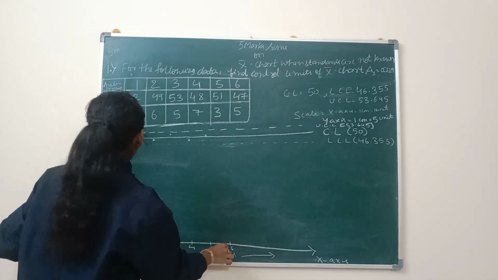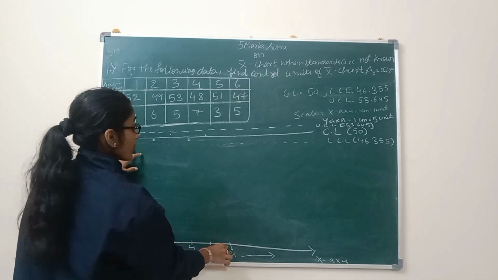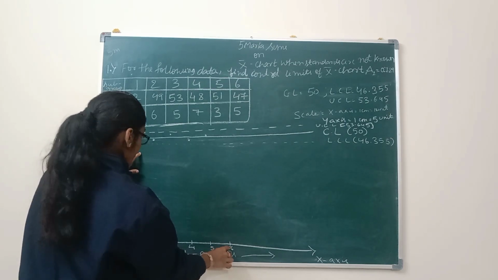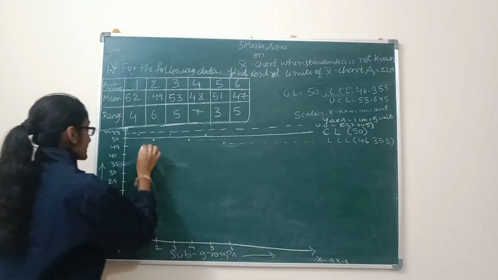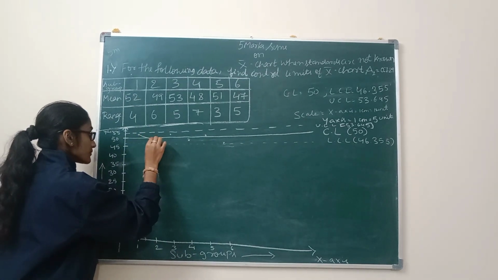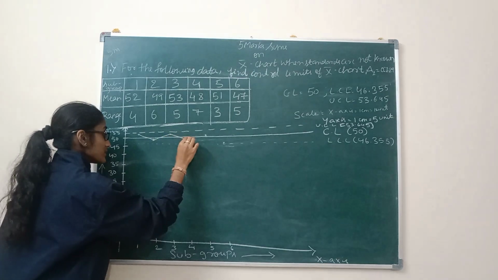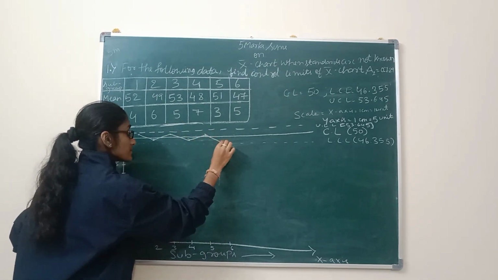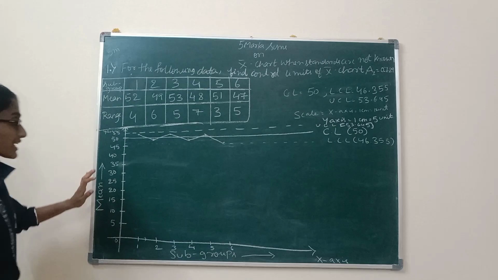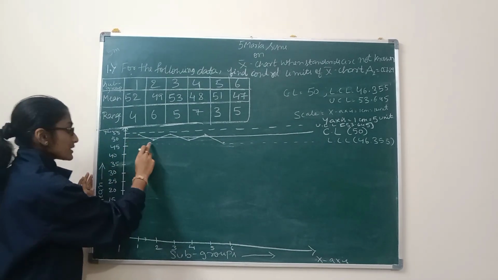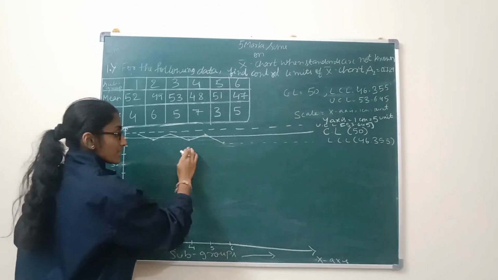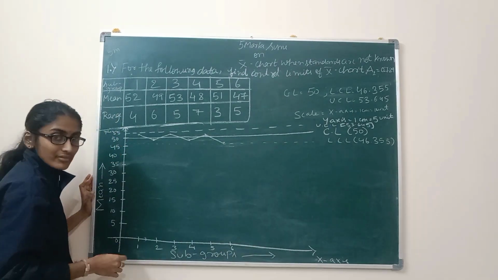For subgroup 6, 47. We have 47 somewhere. So now let us join these dots using lines. We can observe that after joining, all the points lie between the control limits we have found.